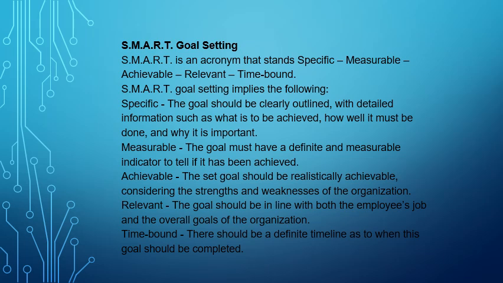And when you set such kind of objectives, they should be very specific, not vague, and one should be able to measure whether the goal has been achieved or not. If not, how much is accomplished, how much is not yet accomplished.